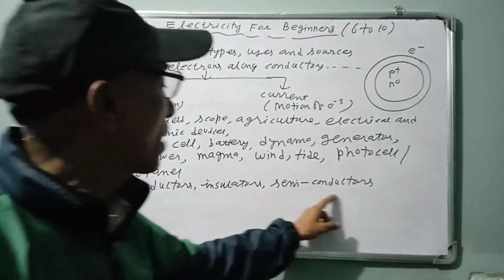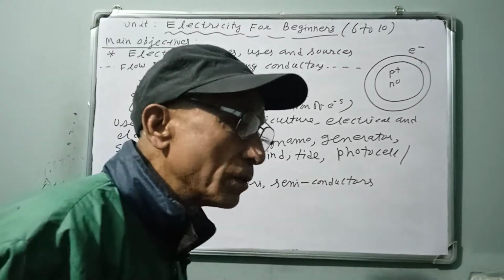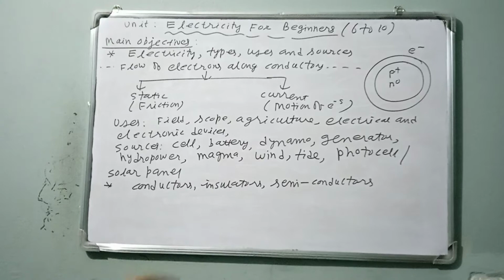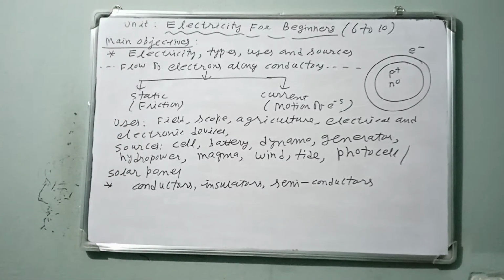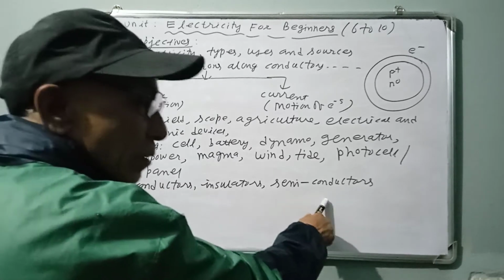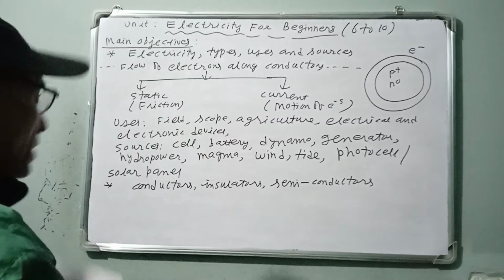Semiconductors: semi means half, half conductor, half insulator. Semiconductors are those substances through which electricity flows a little bit, not properly. For example, silicon, germanium, arsenic, boron, tellurium, etc.